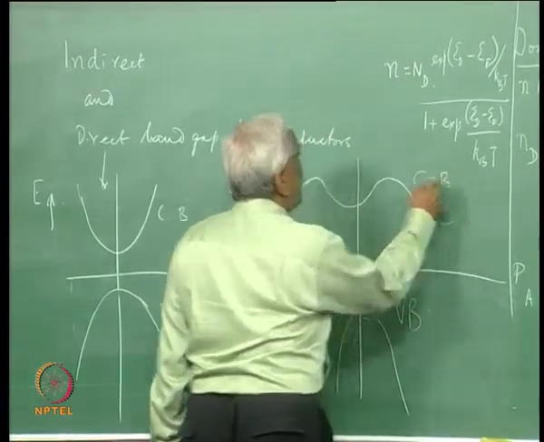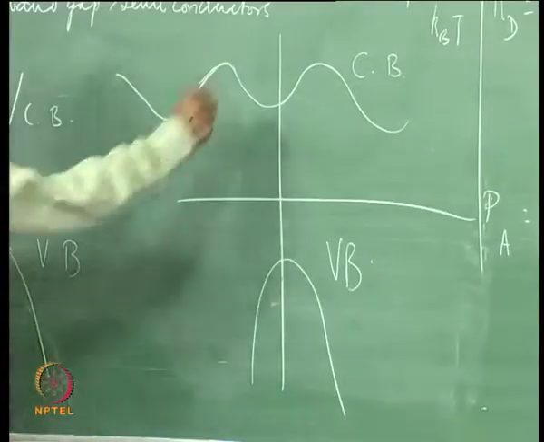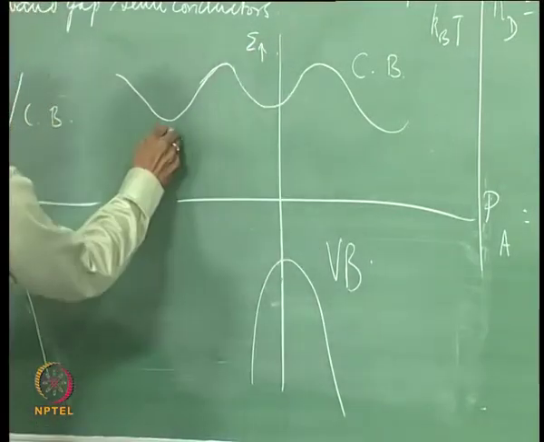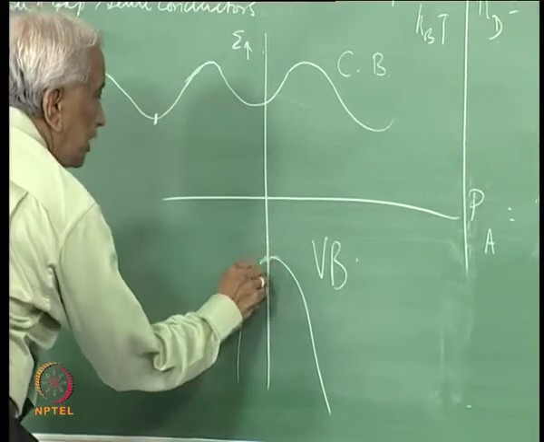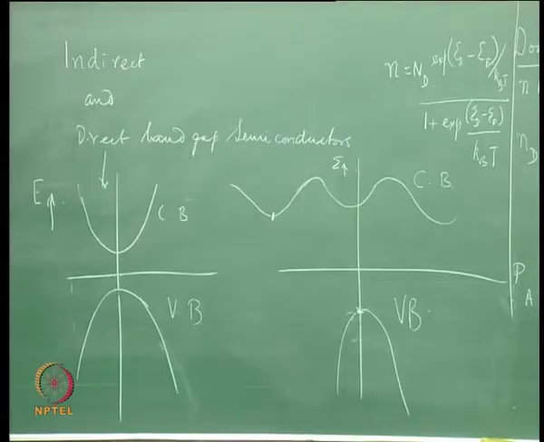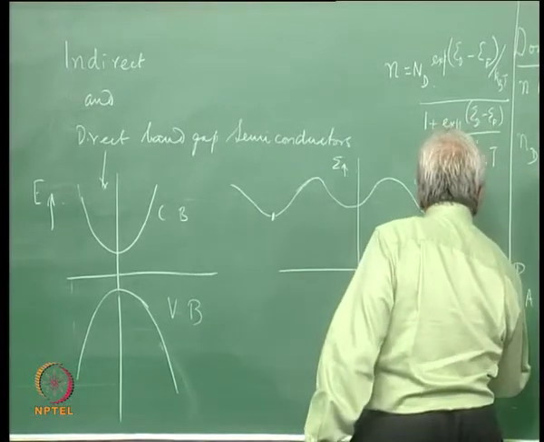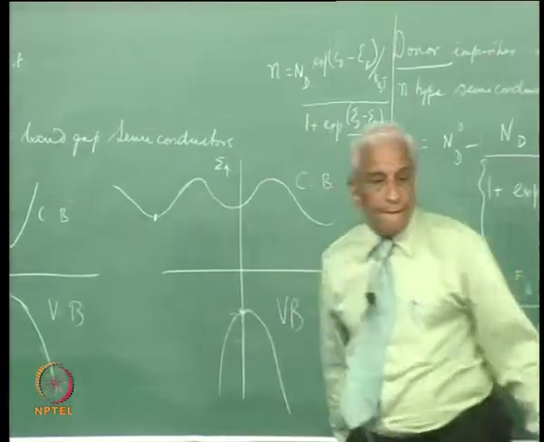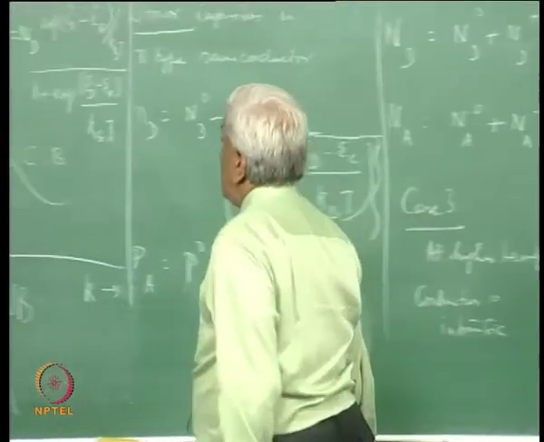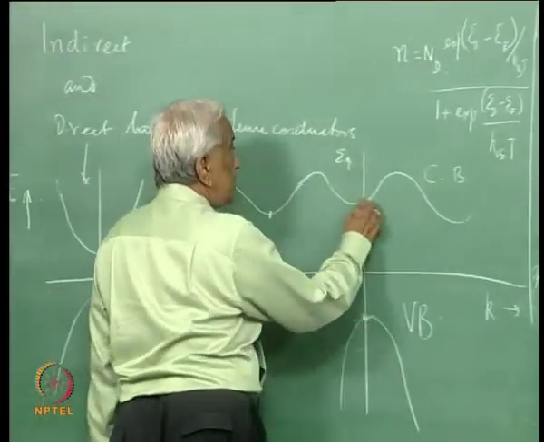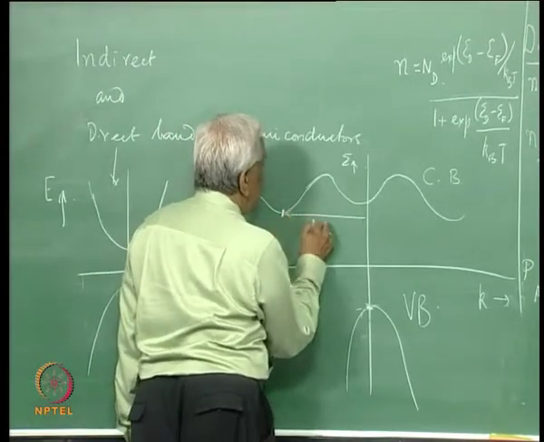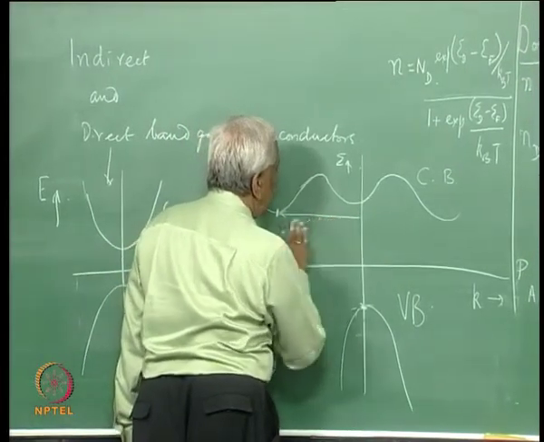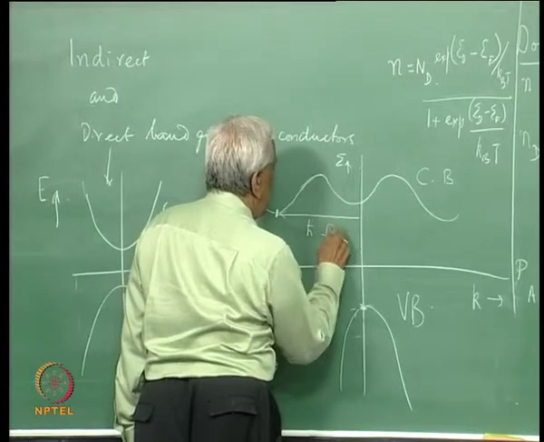The conduction band has an energy structure like this. So, the bottom of the conduction band lies here, while the top of the valence band lies here. They do not occur at the same k value. So, one needs to promote a carrier from here to this and then translate it to this by an amount delta k or h cross omega.